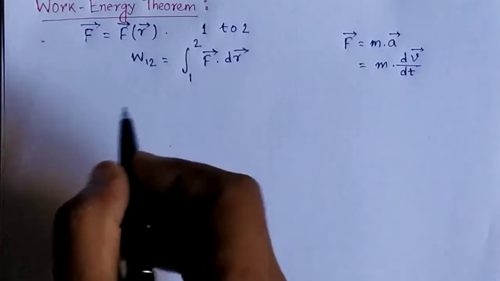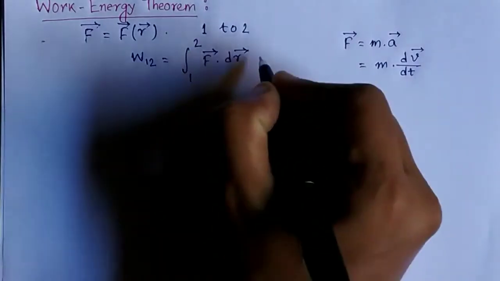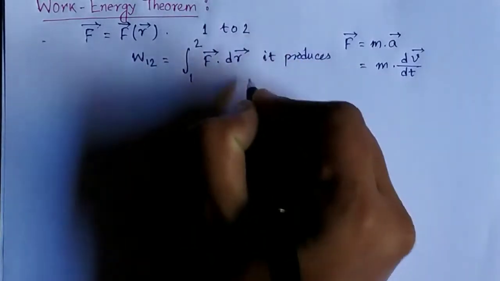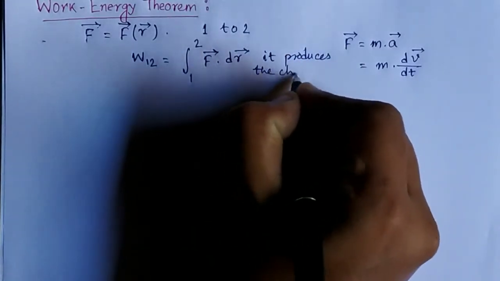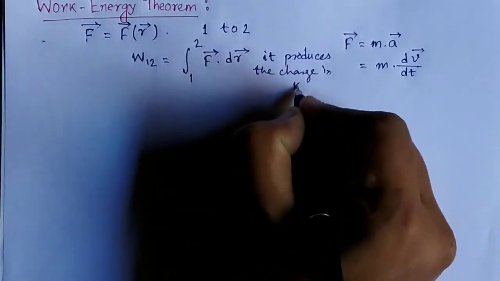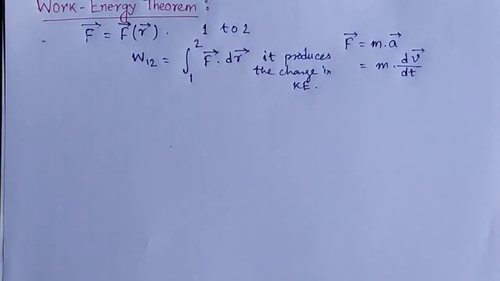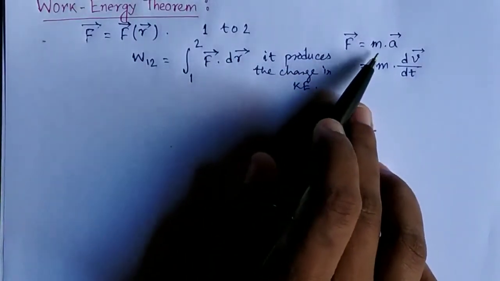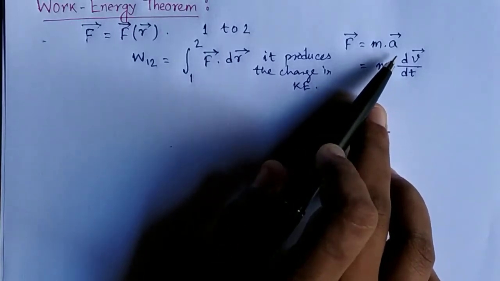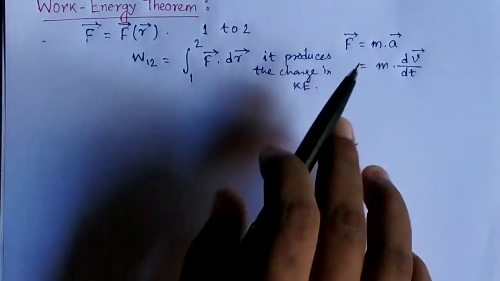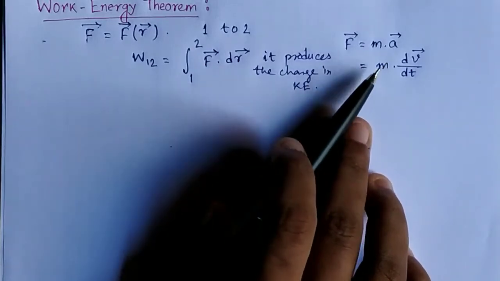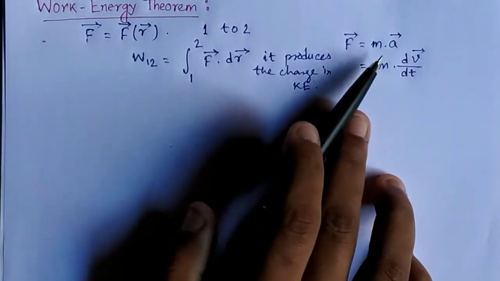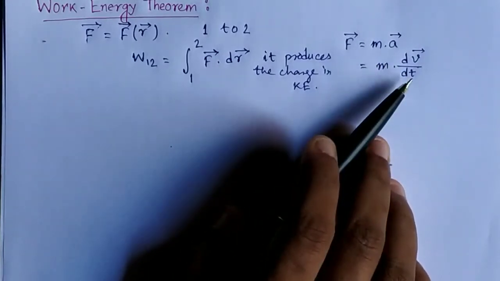We have discussed that this integral produces the change in kinetic energy. Now we calculate the path integral. Here F is equal to m dot a, where a is the acceleration of the particle, and a is equal to dv by dt, which is the instantaneous acceleration of the particle.